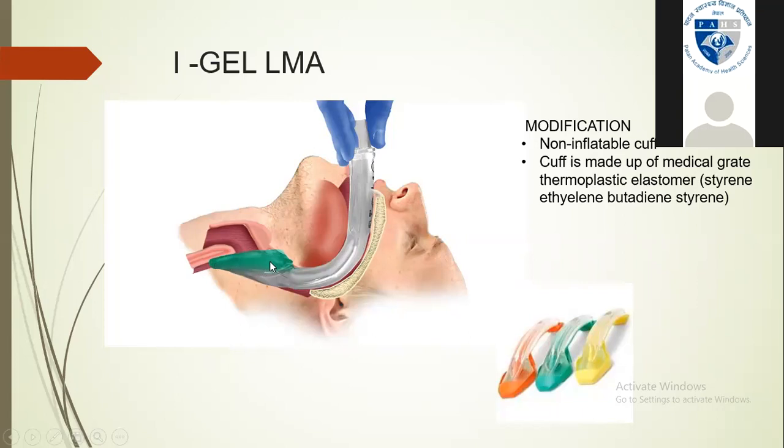And this is a self-inflating cuff, so as we proceed towards the area, due to humidification and temperature, it will fit tightly and expand, so it will provide a better seal.